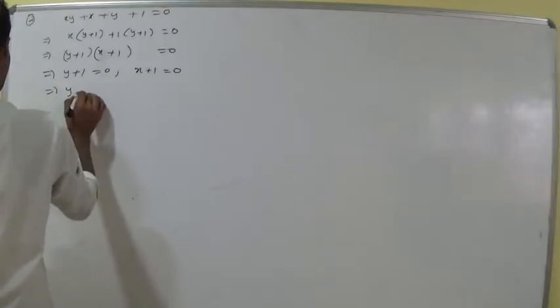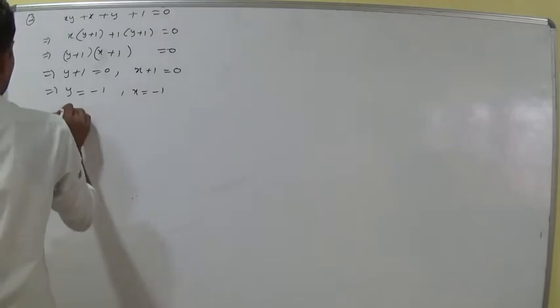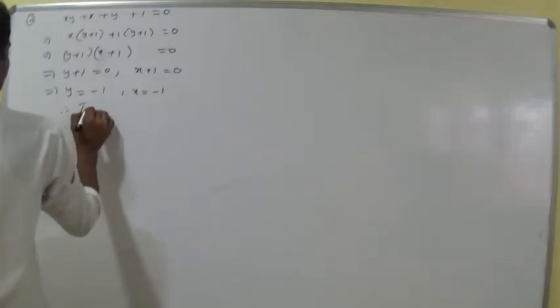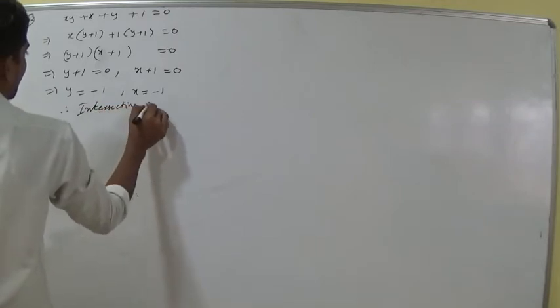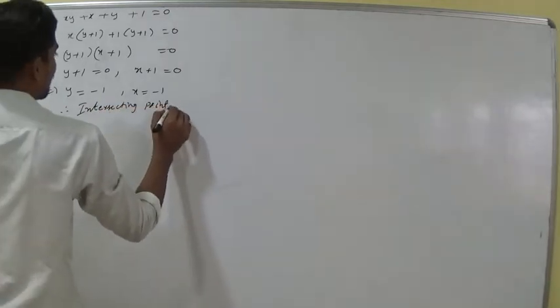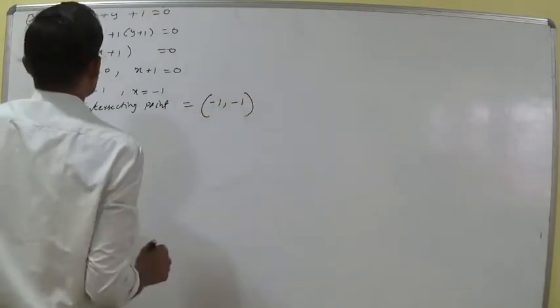That implies y is equal to minus 1, x is equal to minus 1. Therefore, intersecting point is minus 1 comma minus 1.